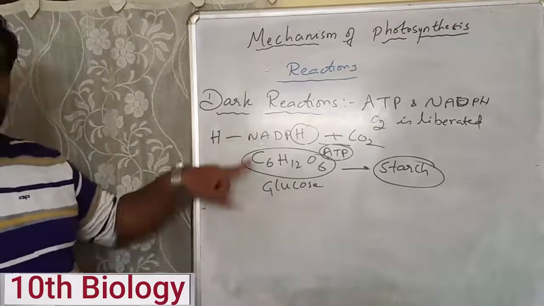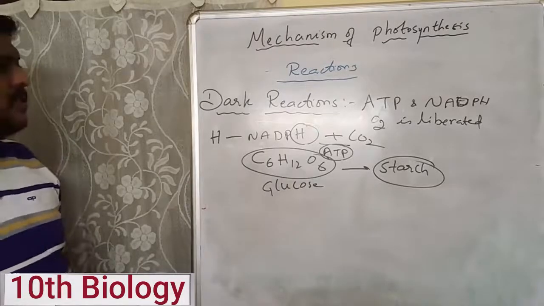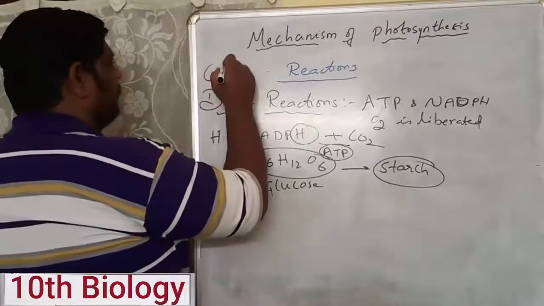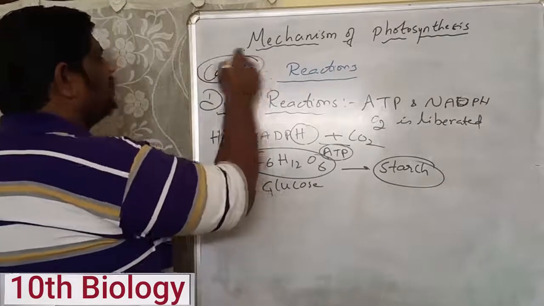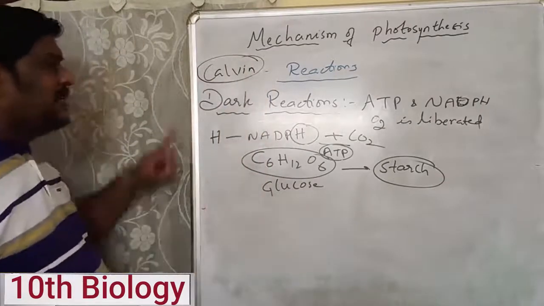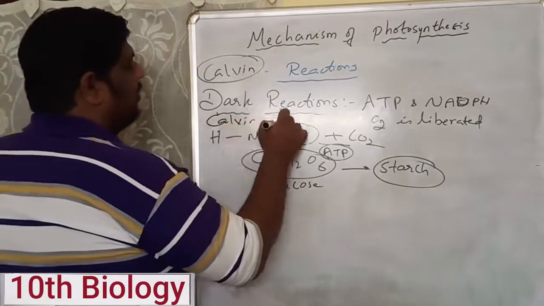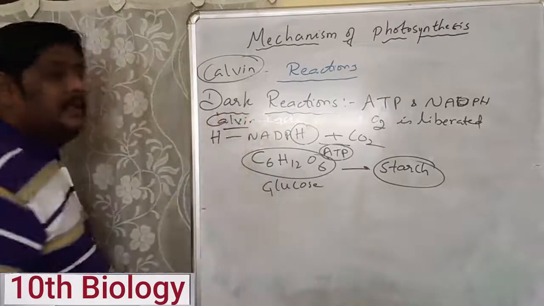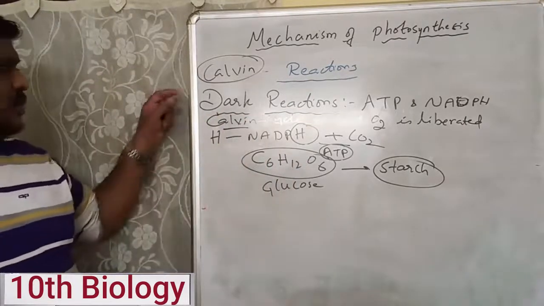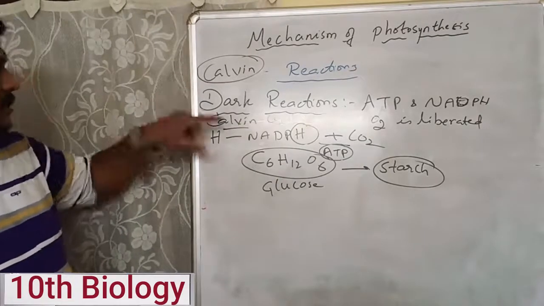These reactions were discovered by a scientist called Calvin. So this cycle is also called the Calvin cycle. Around 10 reactions are there where glucose is formed.